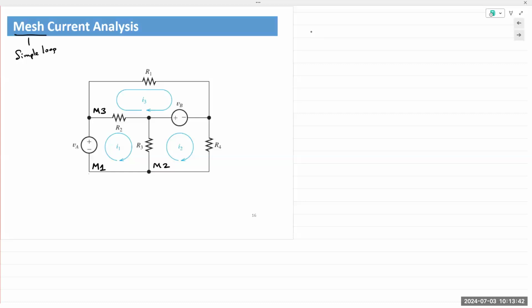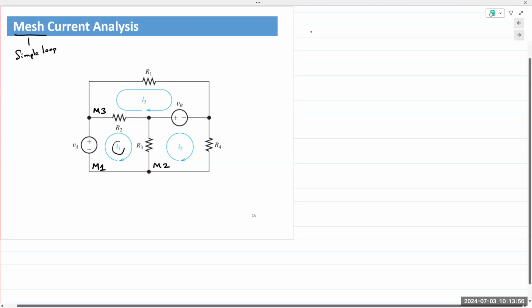They are theoretical. They do not exist in real life. Okay, mesh currents are solely for the purposes of analysis. Okay, as you can see here, we have a mesh current in each one of these meshes, I1, I2, and I3. Now, these are assumptions on our part.